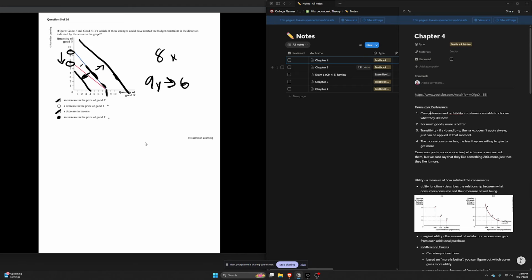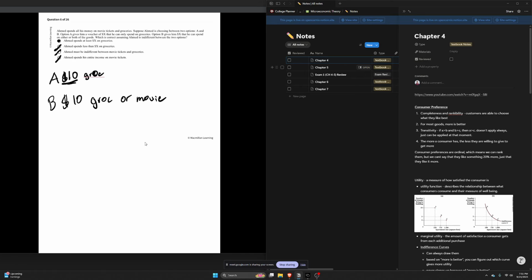I'm actually going to be able to buy less of it. So we know that this is an increase in the price of good Y because I'm not able to buy as much as I would at the start. So that's that one. No real formulas here, just a concept question as far as being able to read one of these graphs.